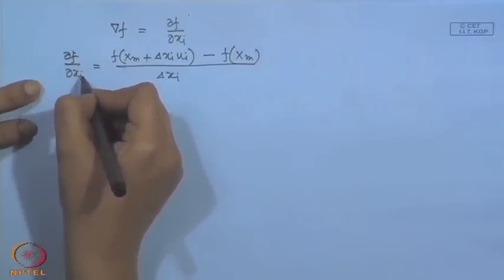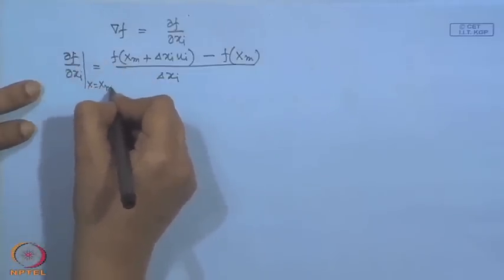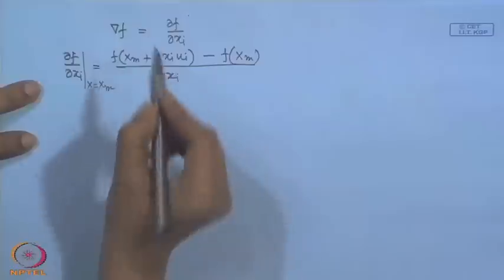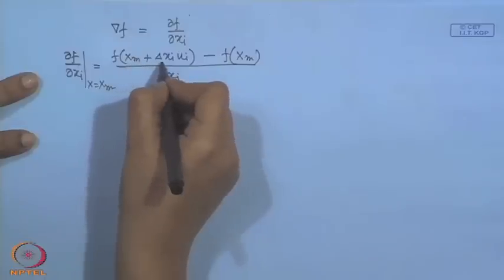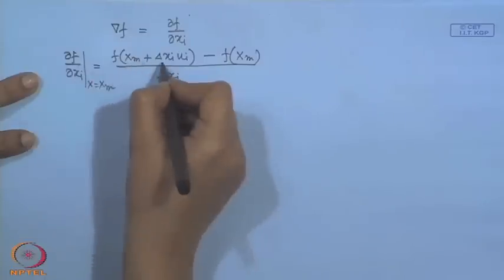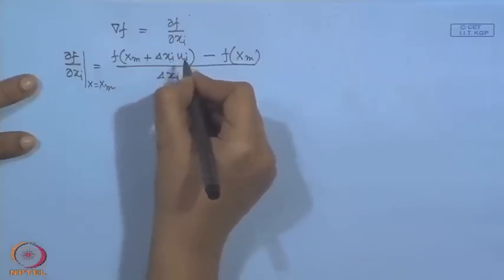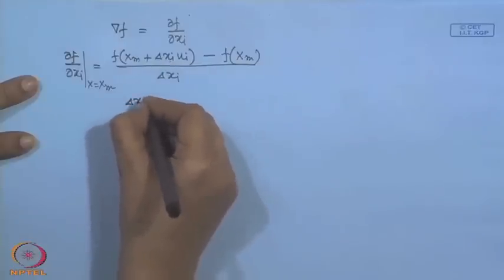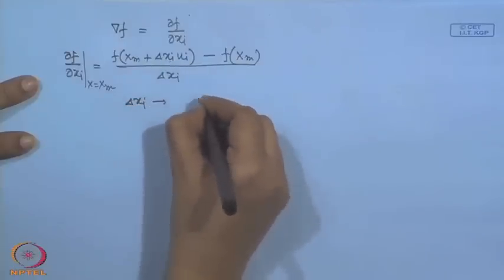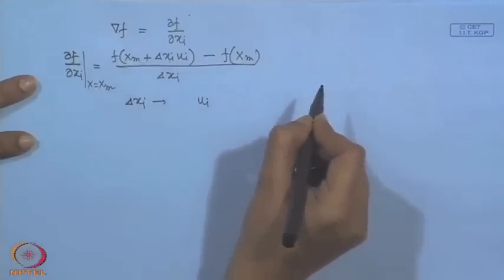If at point x equal to x m we want to find the gradient of the function, then we will change only the value of x i with a small increment delta x i u i. The small increment is delta x i, and u i is the direction, the unit vector in the x i direction.